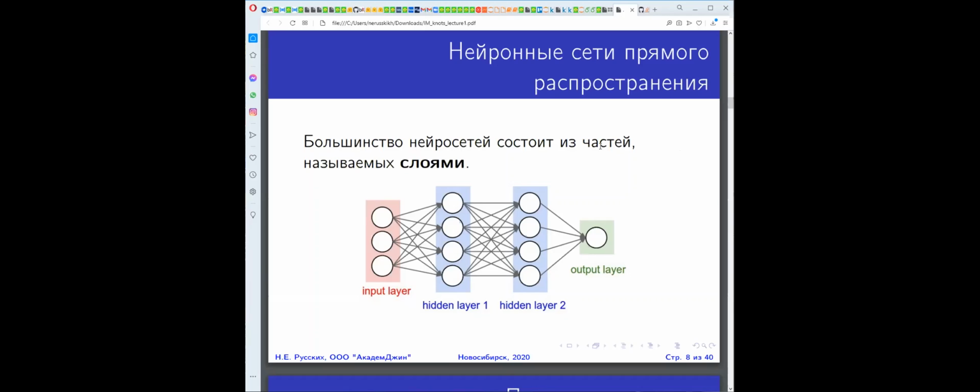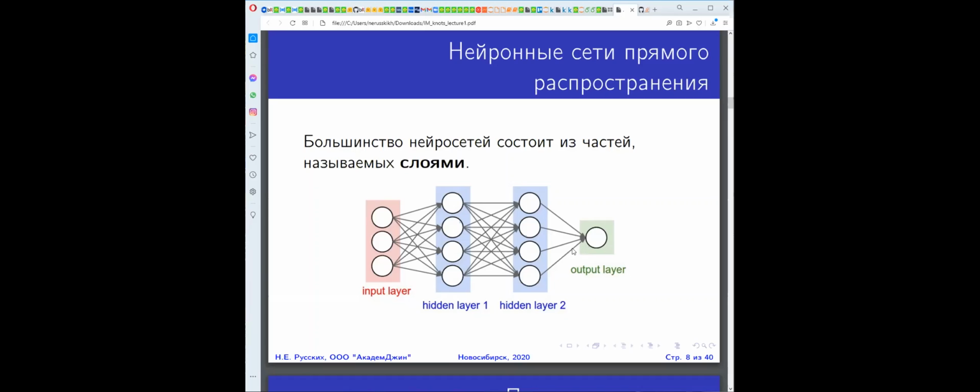Neural networks consist of parts which are called layers. As you can see on this slide, the information from, say, an image or some tabular data or a node representation, which we're going to consider a couple of hours later, flows from input layers to output ones.